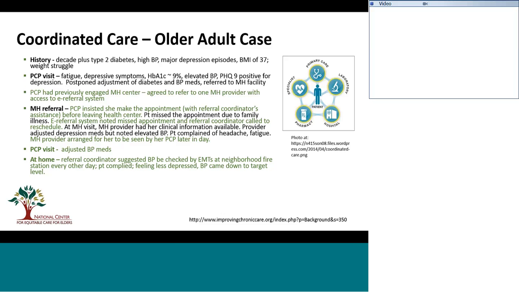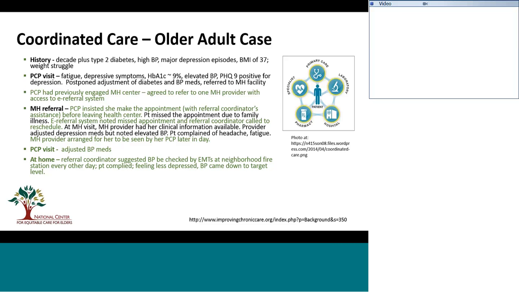So when the patient was finally at the mental health visit, the mental health provider had her clinical information available, and the provider adjusted the depression meds, but noted elevated blood pressure, similar to the fragmented case. The patient also complained of headache and fatigue.